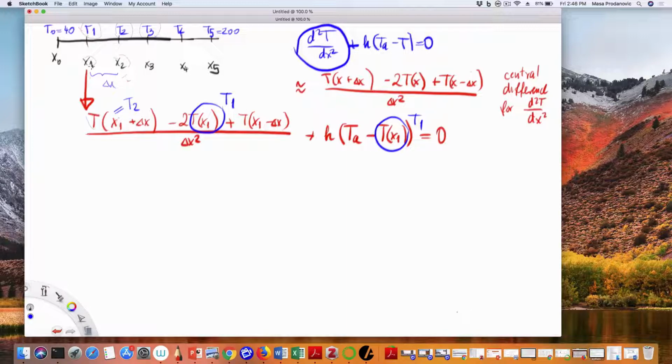And T of x1 minus delta x is T of x0, which is actually my boundary condition. It's 40. So this is T0. TA I have, that's 20. I have this value, I have delta x. The rest I have. So this equation is an equation in terms of the unknowns T1, T2, and everything else is known. And it's a linear equation in T1 and T2. So it's one of my linear equations.